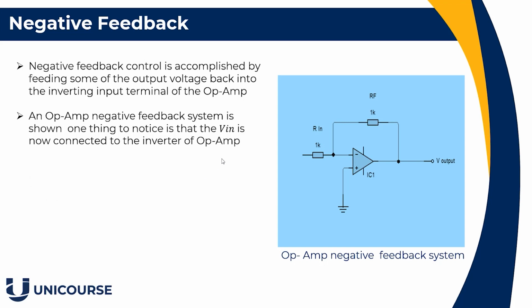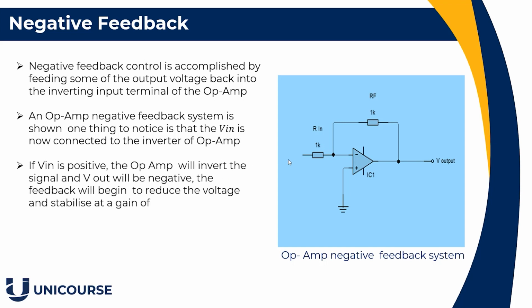So this is why we are connected up, and what will happen is that the signal that comes out of this V output compared to the input signal will be inverted. And also, because it's going into the negative side, we can reduce the voltage, and this also will stabilize the gain.